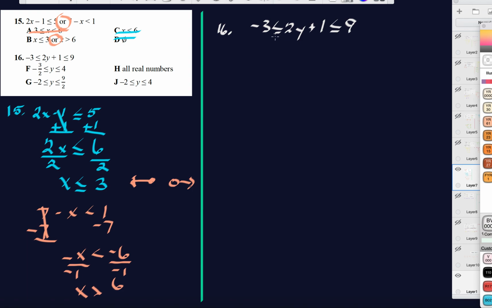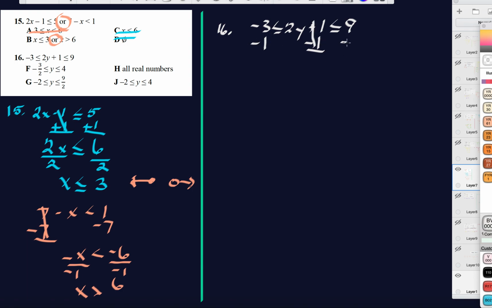This one is cool. This is how I like to do it. I like to do everything at once, okay? This is 3 distinct quantities, right? This is like a balance with 3 separate pieces, right? So I'm going to undo this plus 1 with minus 1, but I'm going to do it here.